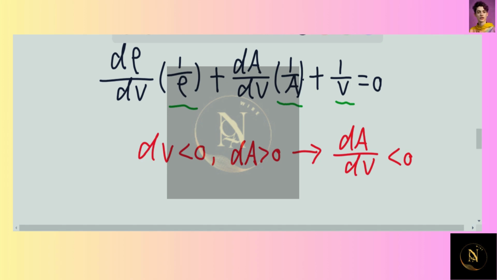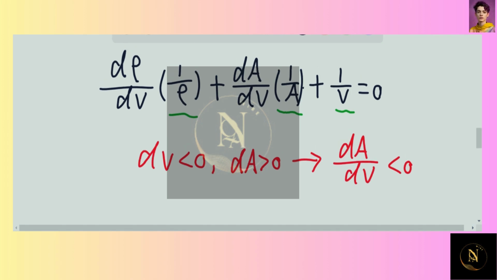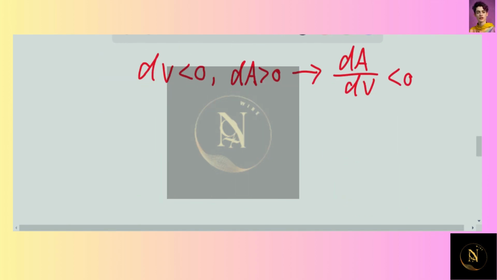And in order to maintain the balance of the equation, d rho, which is the changing density here, must be greater than 0, which means that density is increasing. And these are the answers for this question.